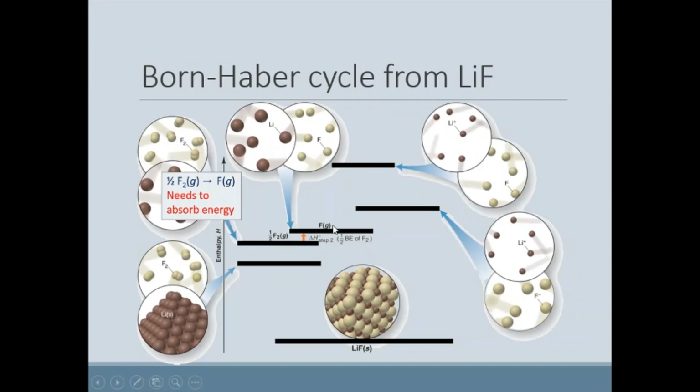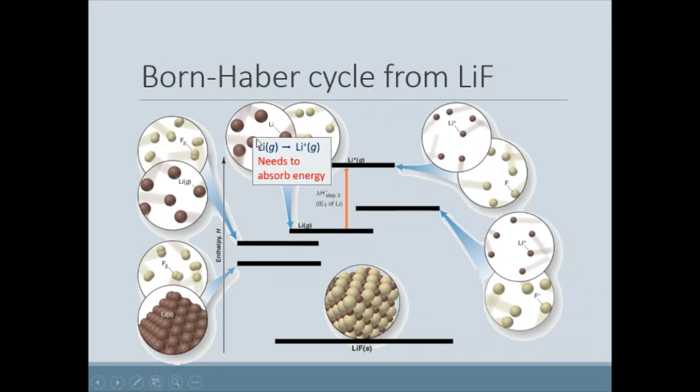At this step, we're looking at Li's and F's. But in order for an ionic reaction to occur, we need to have ions. So we need to take this lithium atom and make it into an ion. Here we're going to take our lithium and rip an electron off of it.